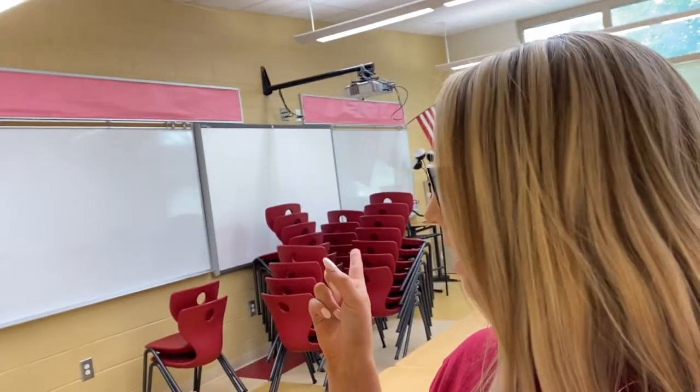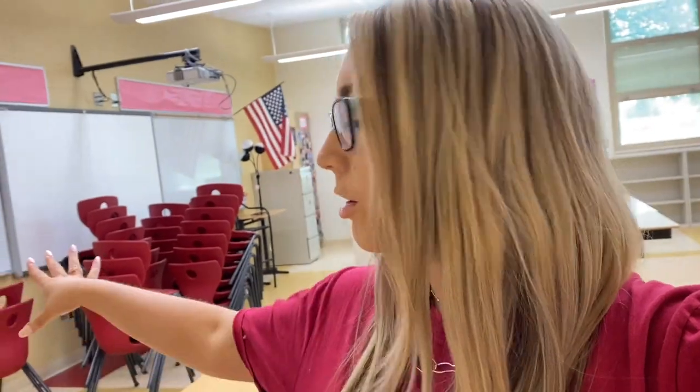I think what I'm gonna go ahead and do is start putting the chairs with the desks, so that way I can open up the whole front of the whiteboard area and start decorating that. So we're gonna move these chairs to the desks.